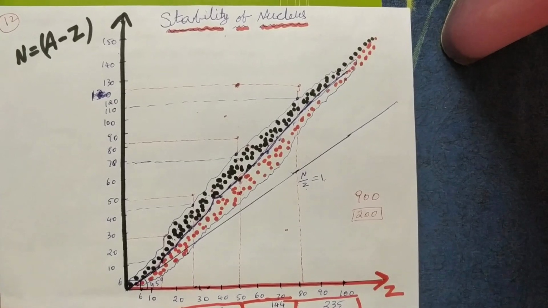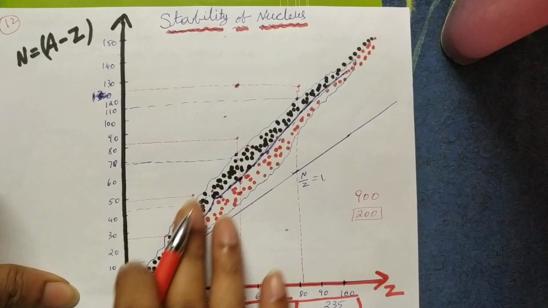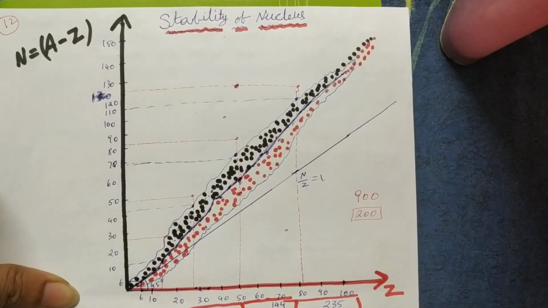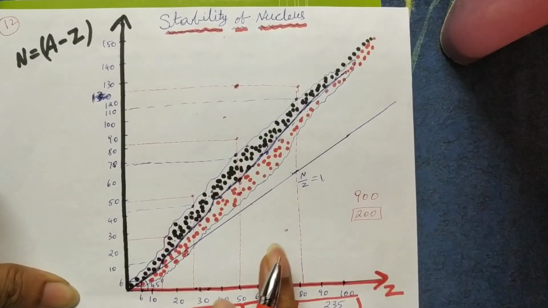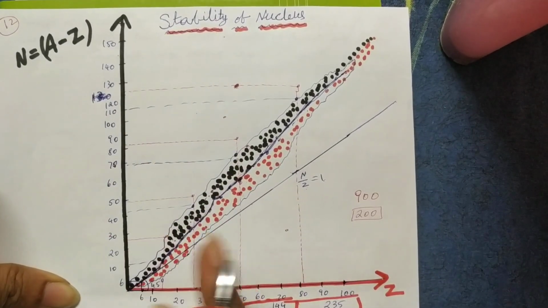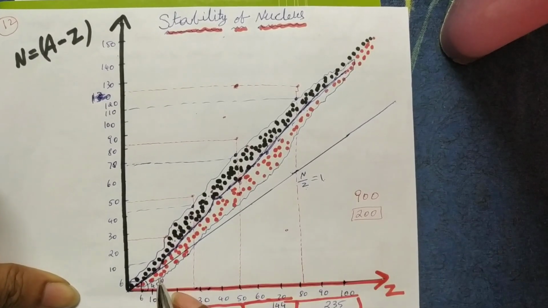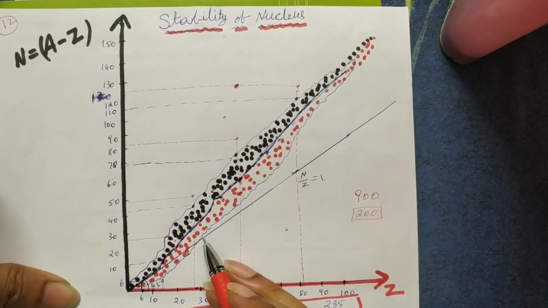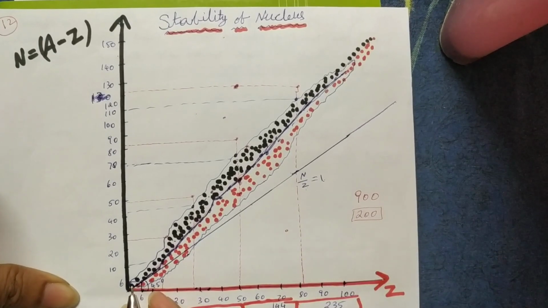Here are the important points: the elements in this shaded region, this total region, are stable elements. If any element is above or below this, it immediately decays, meaning it will disintegrate and convert into a stable nucleus. The elements having an even number of protons and neutrons are more stable when compared to other elements.